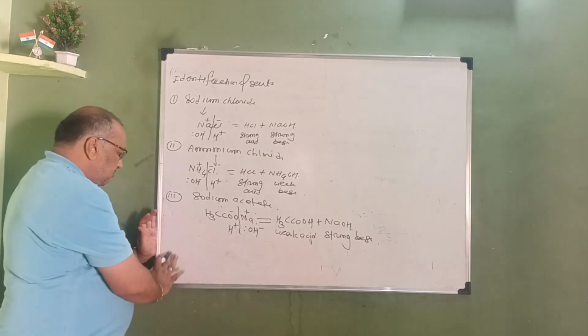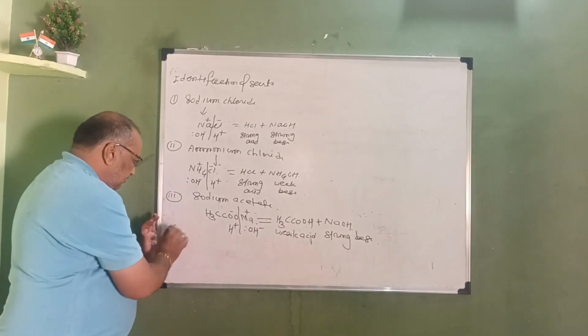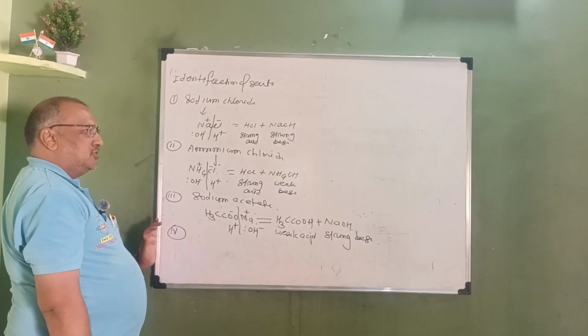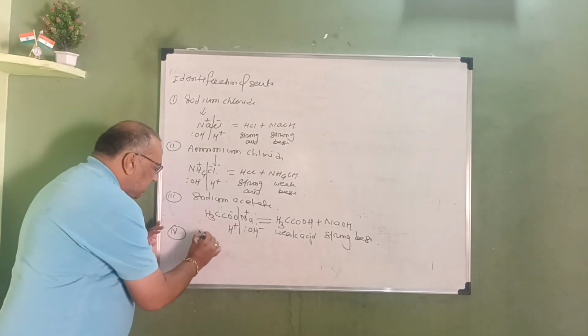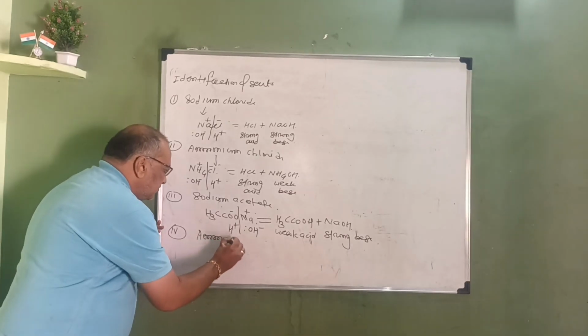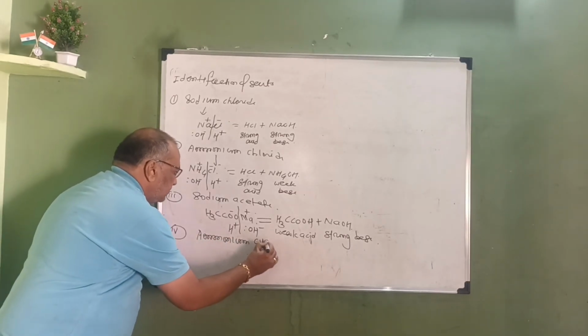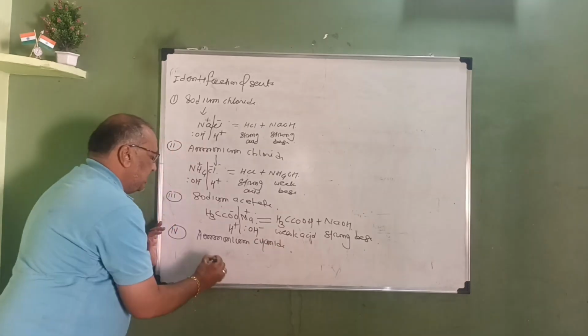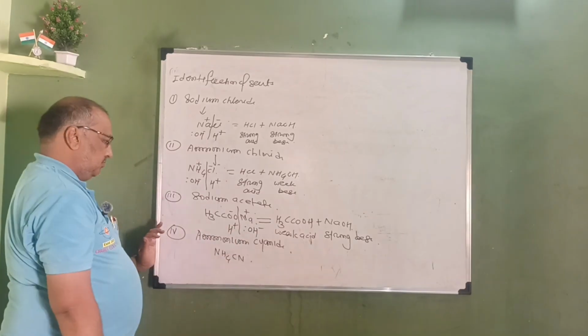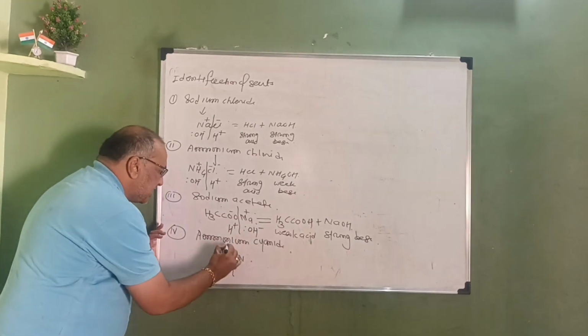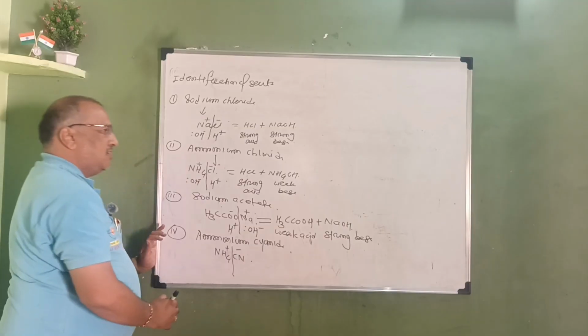Fourth salt, ammonium cyanide. Again separate into cation and anion.